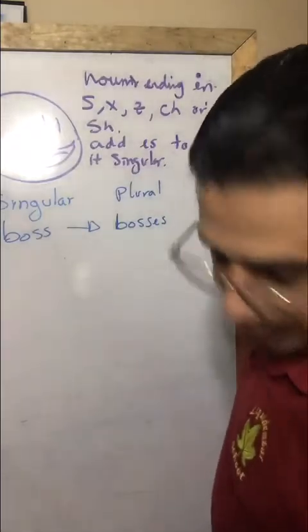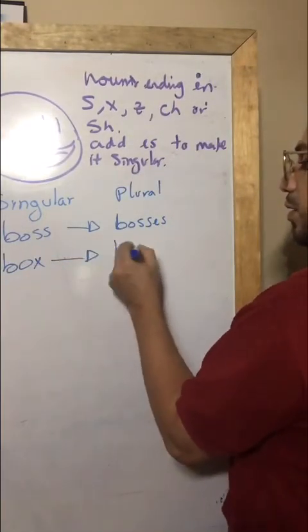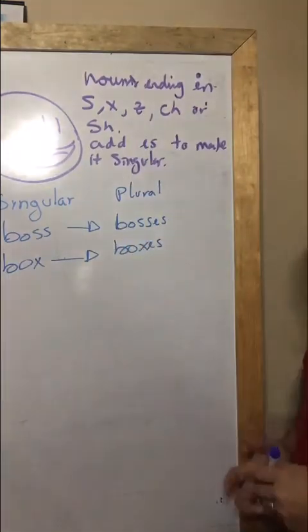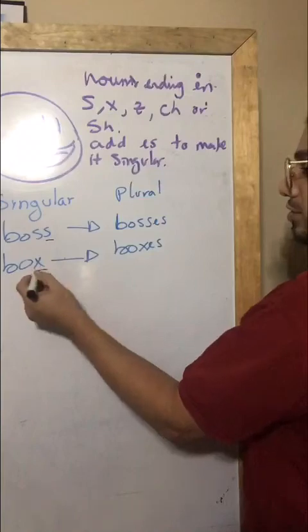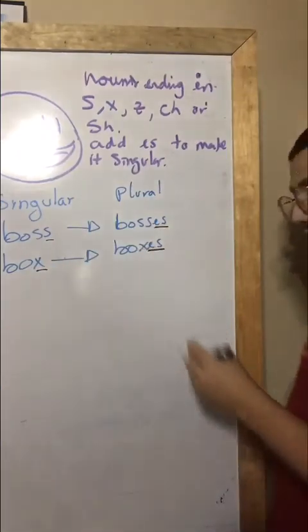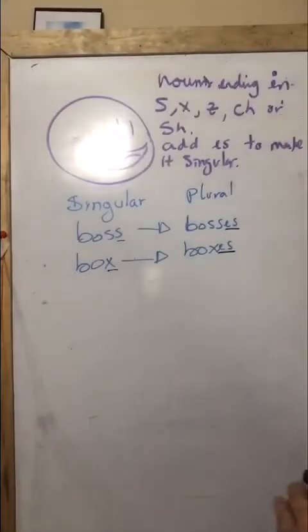Then we have box, boxes. As you can see, because these words end in S or X, we have to add ES at the end of the word to go from singular to plural.